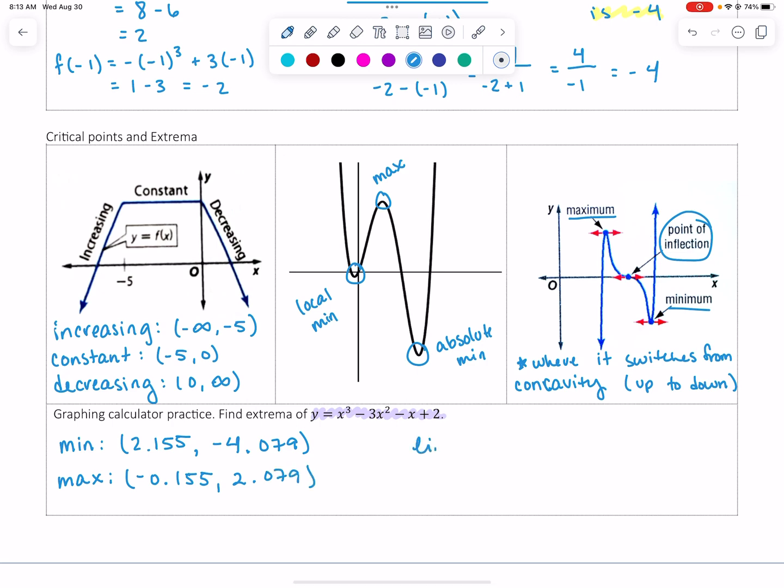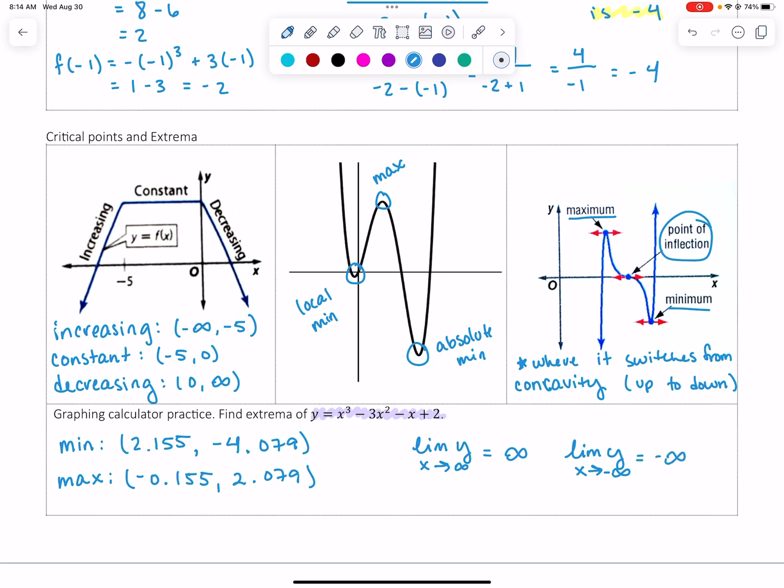And as a reminder on our end behavior, I'm going to say the limit of y as x approaches infinity is infinity, and the limit of y as x approaches negative infinity is negative infinity, just as a reminder on those.